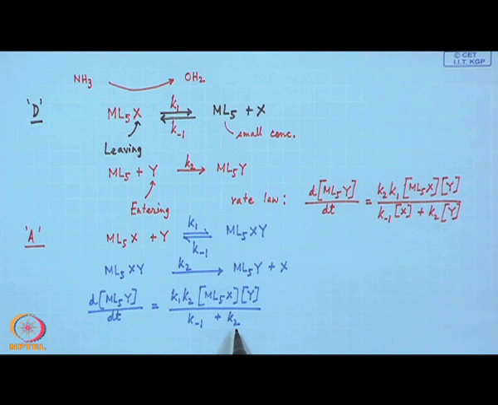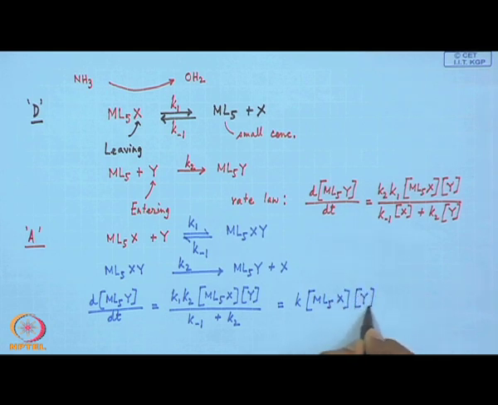When these are very small, K2 and K2 can cancel out, and for all these products we can have the corresponding one constant which is K, times ML5X and Y. In this particular case also the rate law is dependent on both the concentration of this particular species and the concentration of the corresponding incoming ligand, or the entering ligand, which is attaching to that particular metal center.